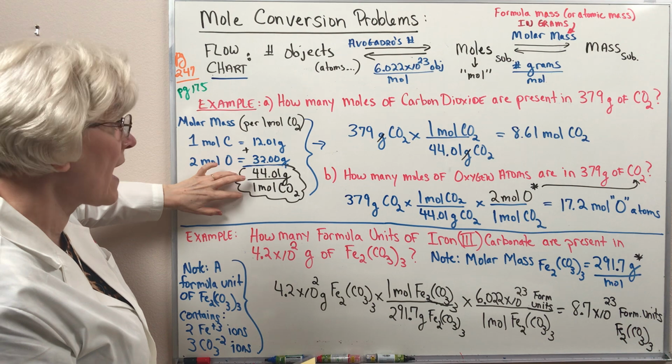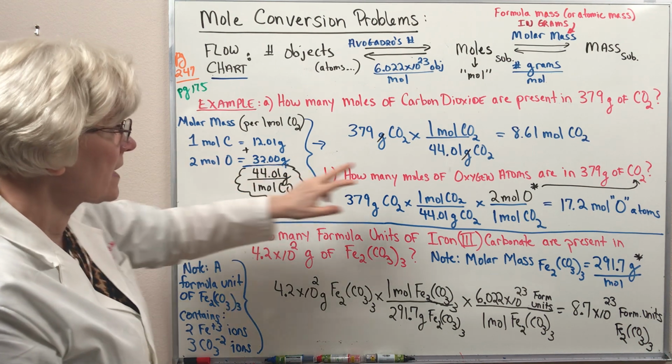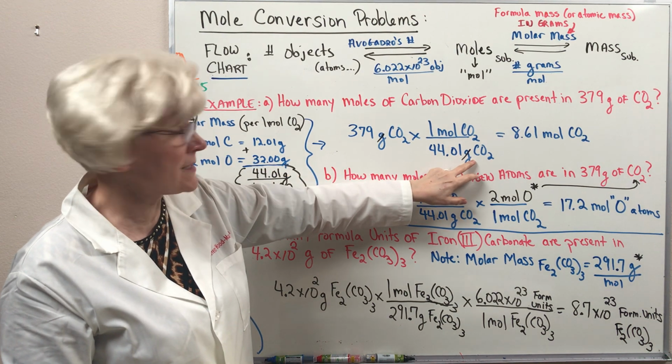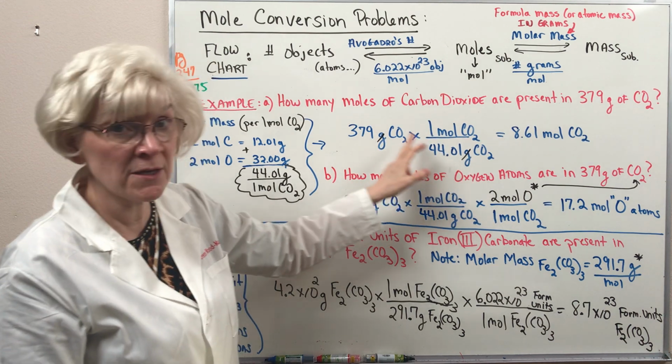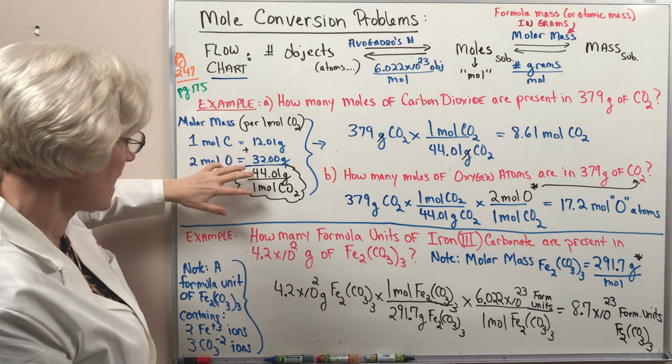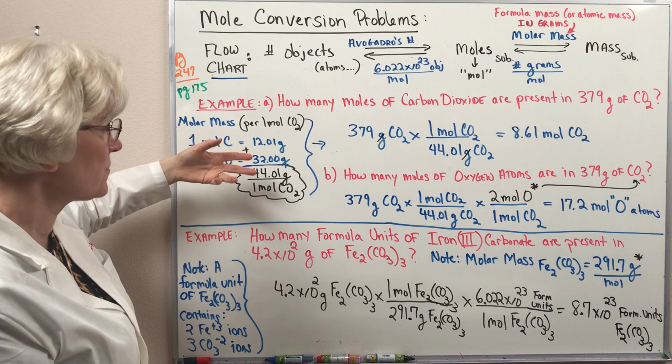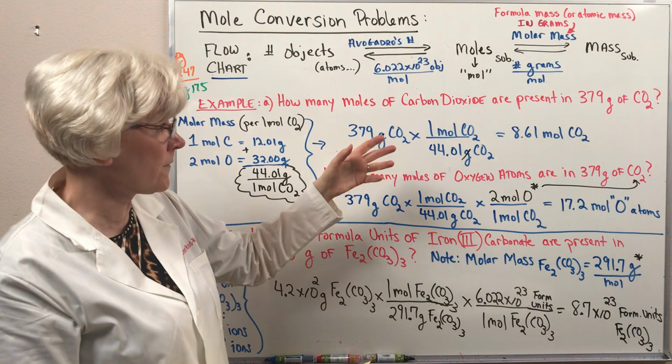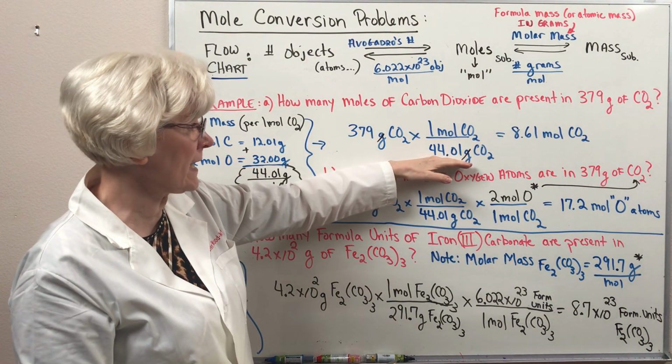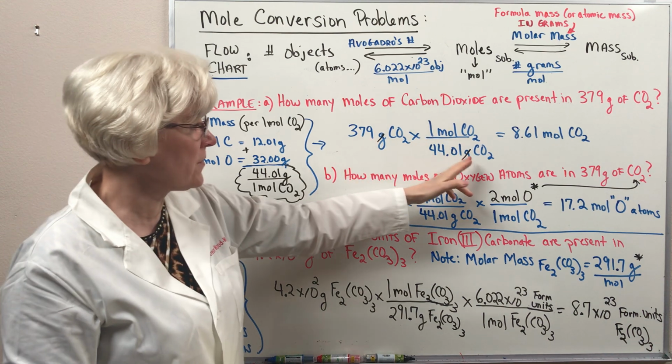The dimensional analysis is telling me that the gram unit in the molar mass needs to be in the denominator so that my units will cancel. So I'm going to take this molar mass and use it in its inverted or flipped form, which I'm doing here. I see the gram units cancel.